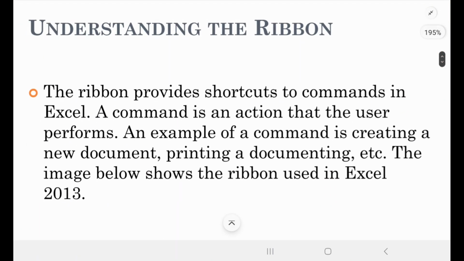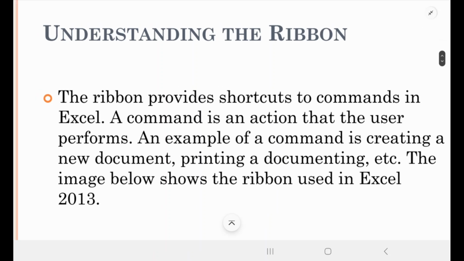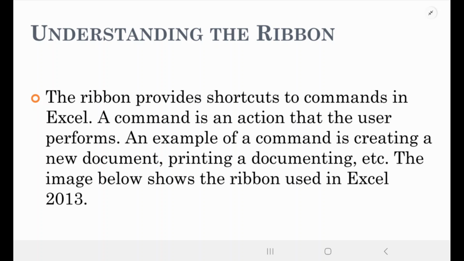First one is understanding the ribbon. First of all, we will understand the ribbon as we have learned the ribbon of MS Word. Same here, a particular ribbon is available in Excel, but the tools are different from MS Word, and we will check, we will define the ribbon of Excel 2013.